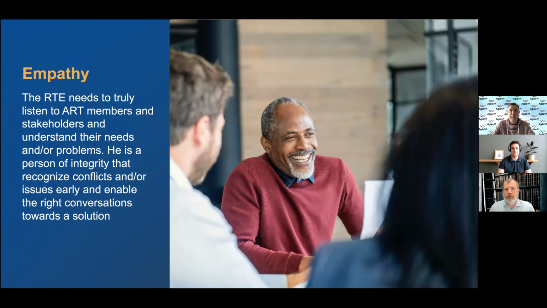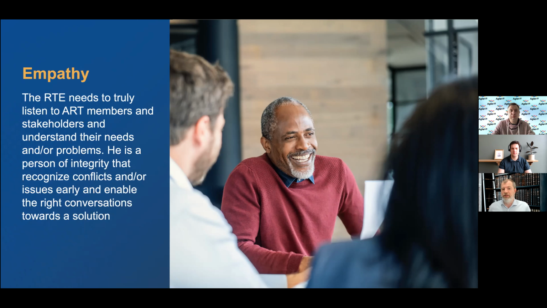With servant leadership, we definitely connect what we call empathy, because there is no servant leadership without empathy. In the role of the RTE, empathy needs to be there not just because of the environment of psychological safety, but because he has to communicate with a lot of people inbound, so all the teams working on the Agile Release Train, but also, and probably even more important, outbound of the train, so all the stakeholders.